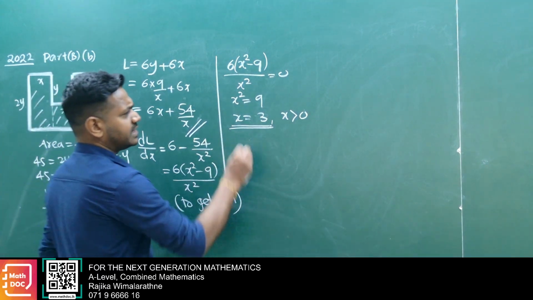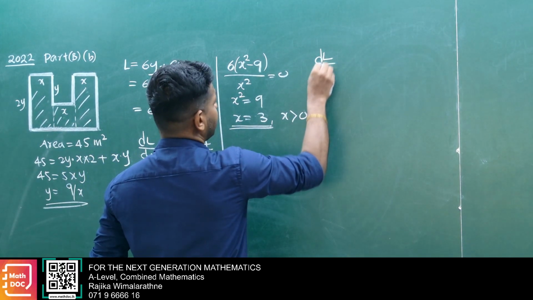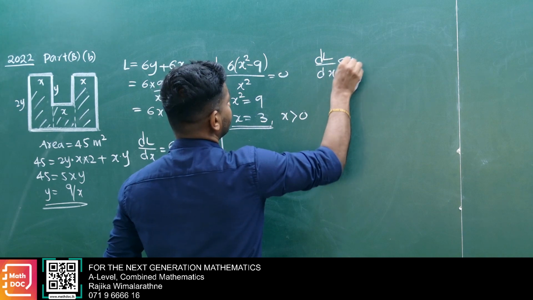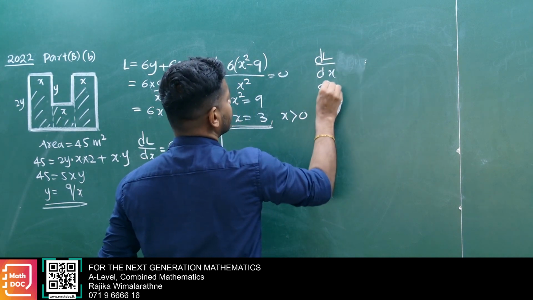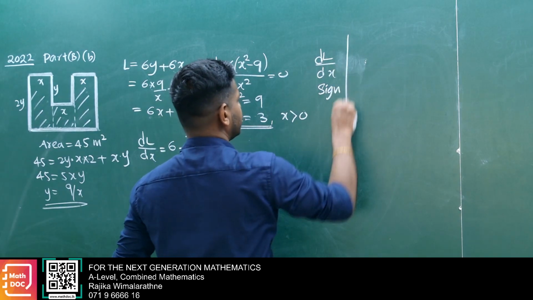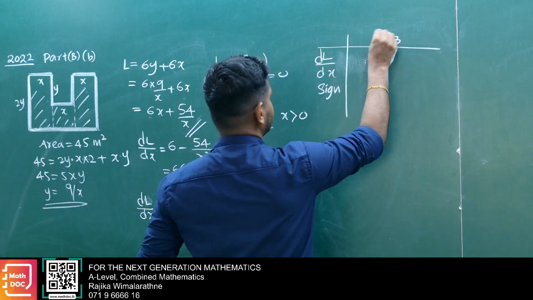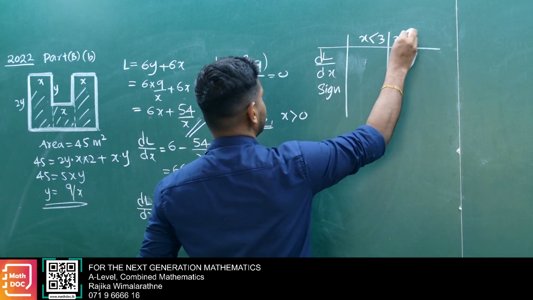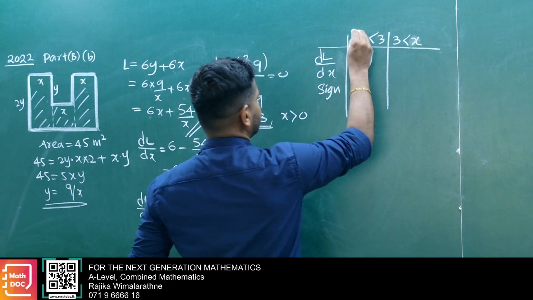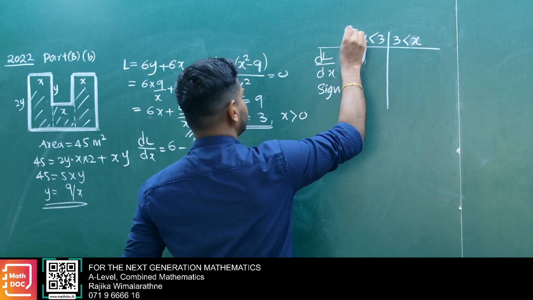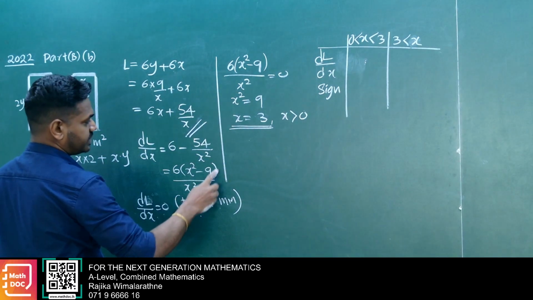Then x equals 3. Now you check the dl divided by dx sign about this x equals 3: less than 3 and greater than 3, with 0 at 3. Greater than 3, this part is positive.